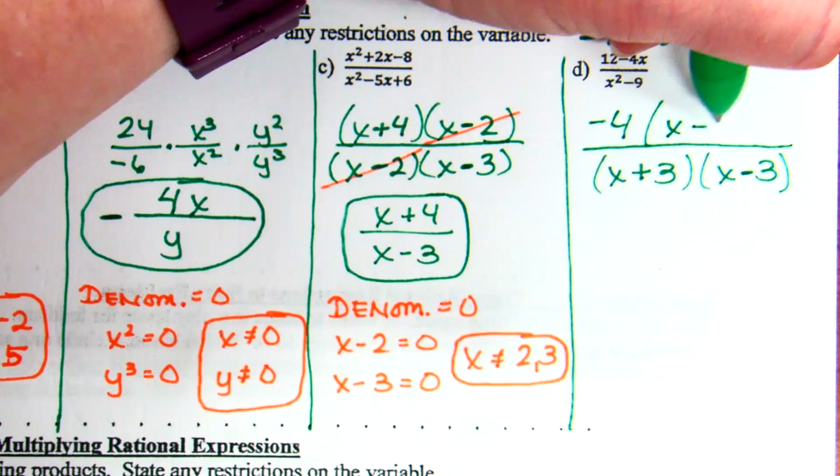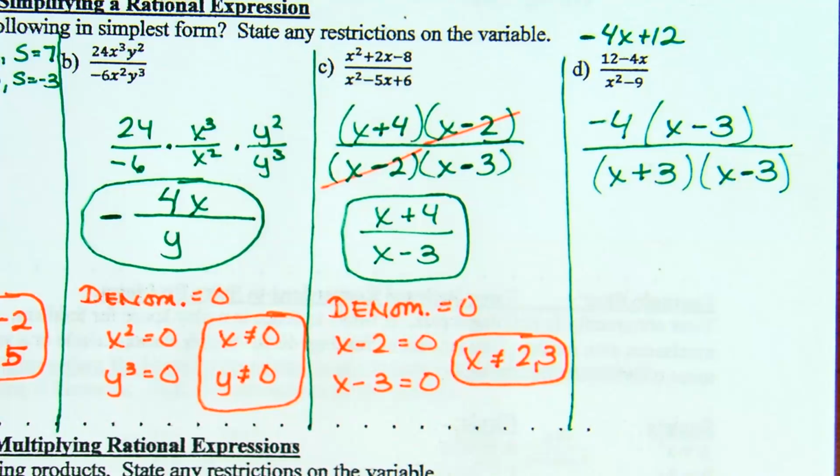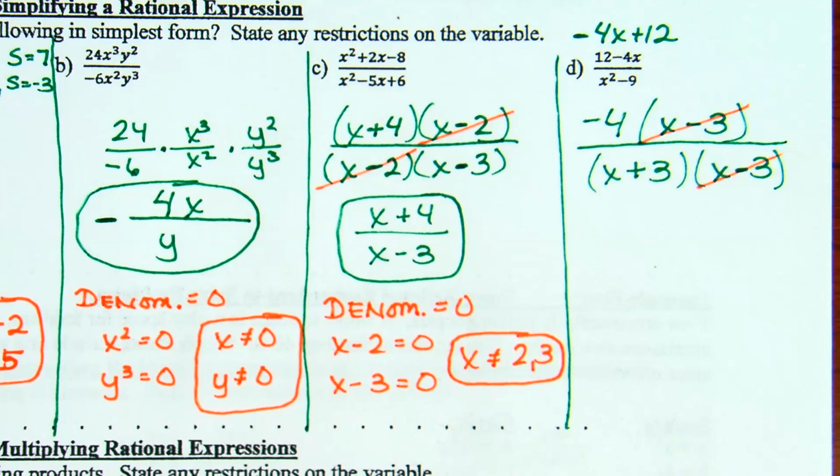And what just so happens to work out? There's a factor of x minus 3 that cancels. And again, once it's all multiplication, you can do that. So what remains for our answer?